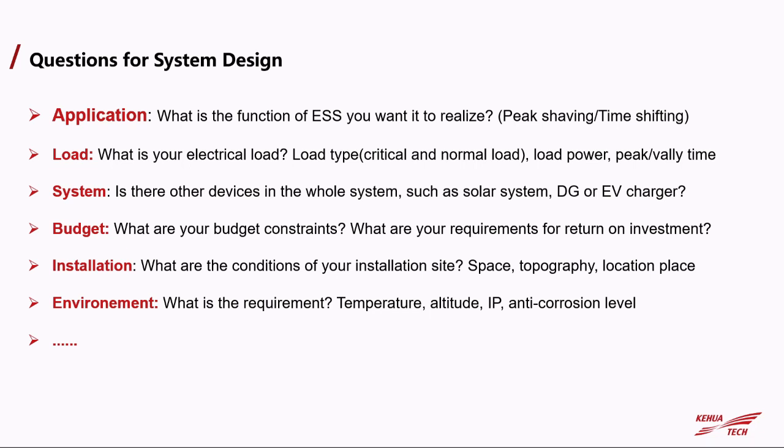If the energy storage system is installed near the sea, where the environment is high corrosion and high temperature, we need a higher anti-corrosion level, like C5, C3.6, and so on. Then we can give the customers the best and most suitable solution.